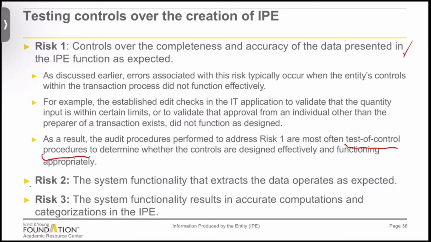Risk 2, the system functionality that extracts the data operates as expected, and risk 3, the system functionality results in accurate computations and categorizations in the IPE.